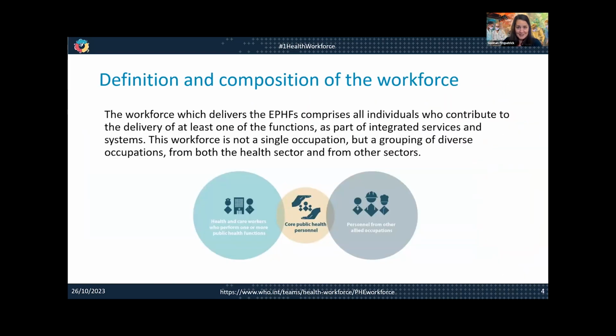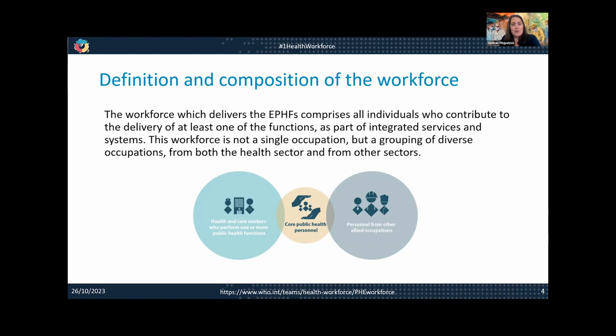So the public health and emergency workforce is enormous. It's all of us. A lot of us refer to the core public health personnel, those health workers with specialized training or whose role is entirely around public health. But we also recognize that all clinical practitioners make a big contribution to public health through surveillance, through health promotion, or with specific responsibilities in public health as part of their clinical role. So that's the group on the left-hand side.